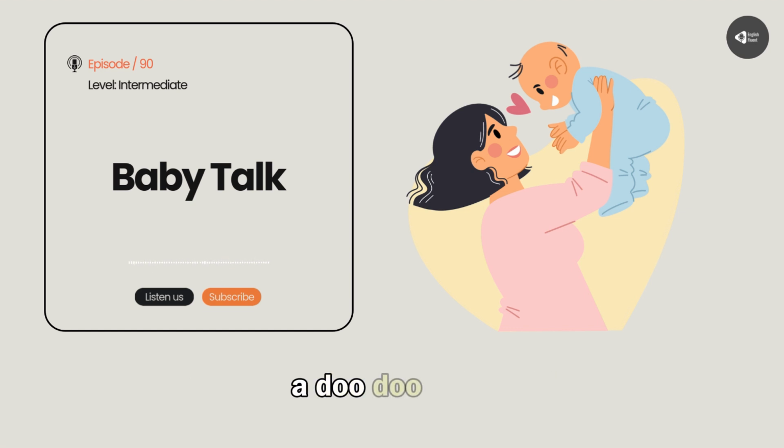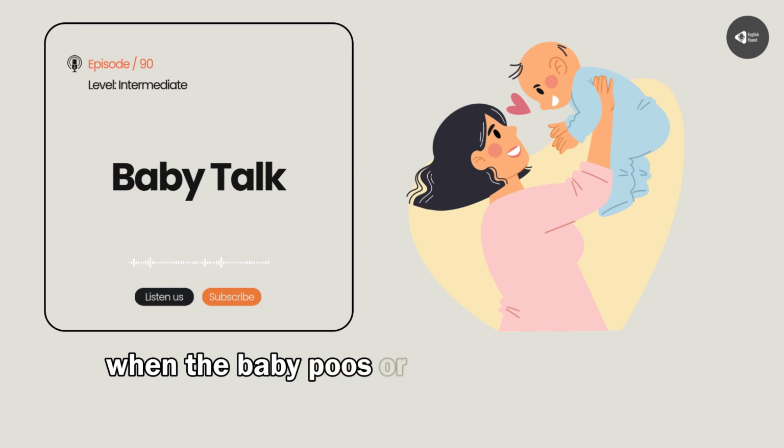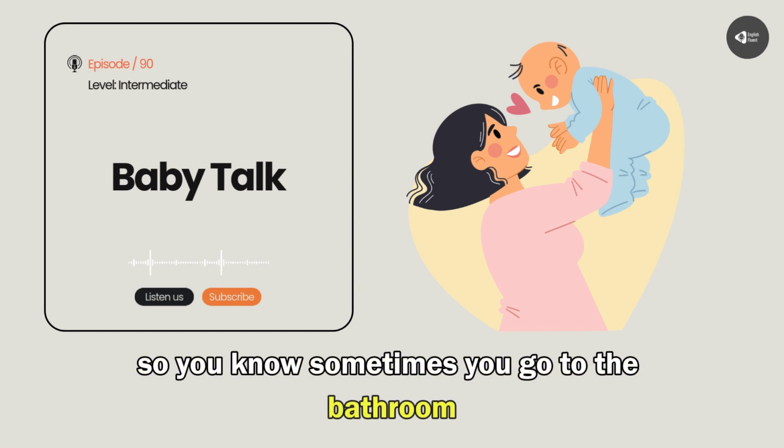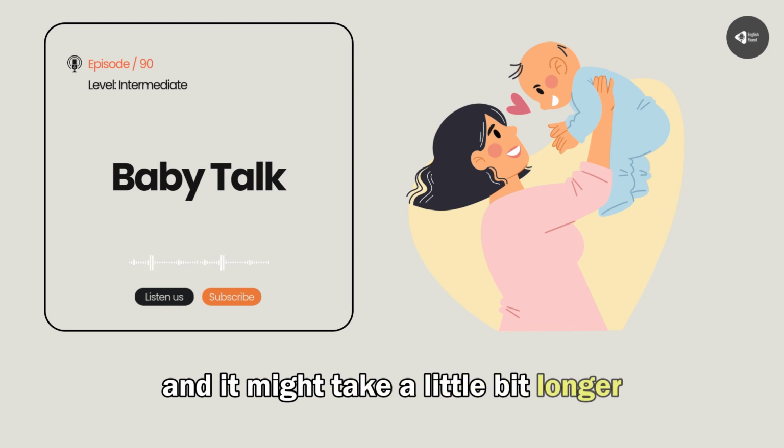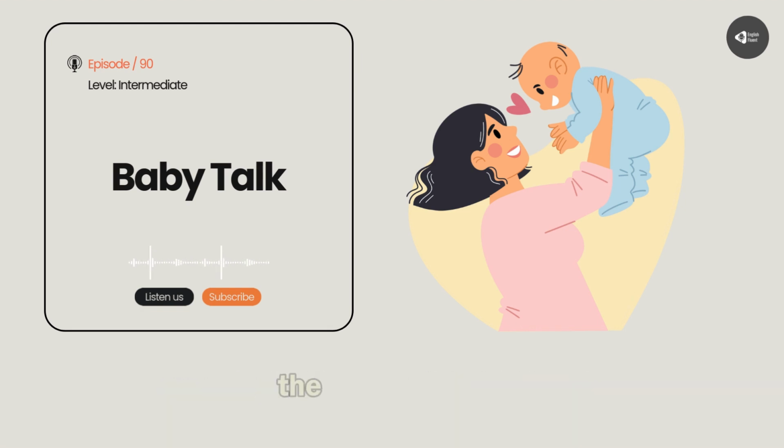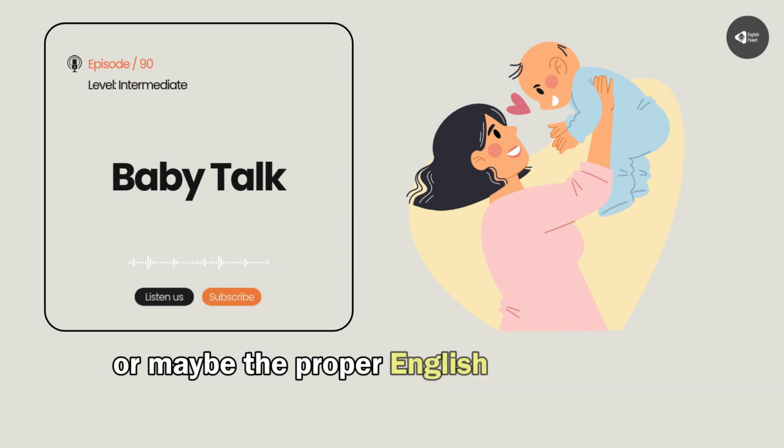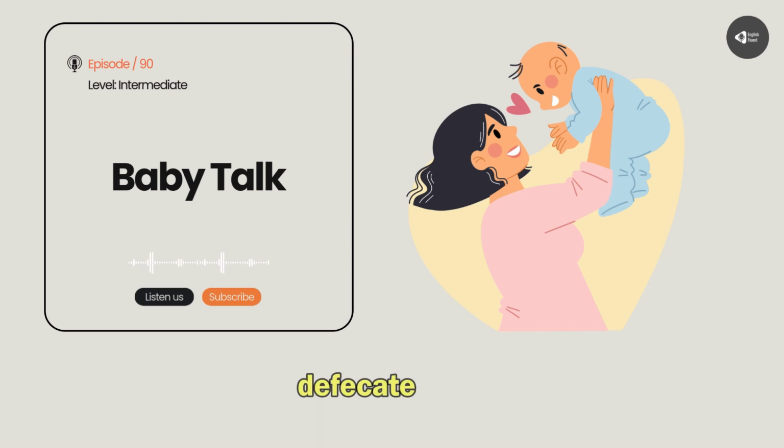So basically a doo-doo is when the baby poos or poops in the diaper. Okay, so, sometimes you go to the bathroom and it might take a little bit longer. Exactly. That's because of the doo-doo. The actual technical or maybe the proper English word for this would be defecate. Okay, so make a doo-doo.